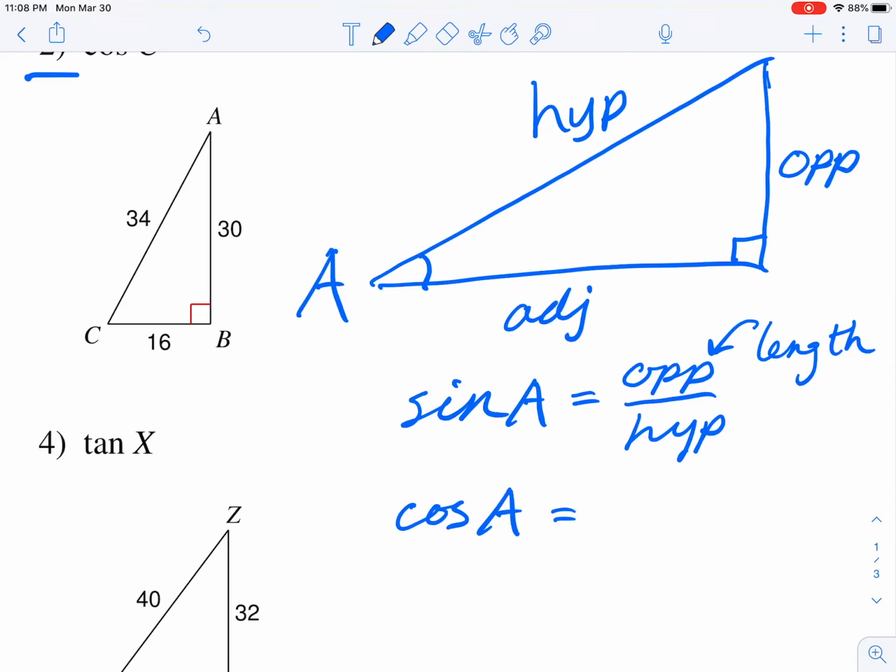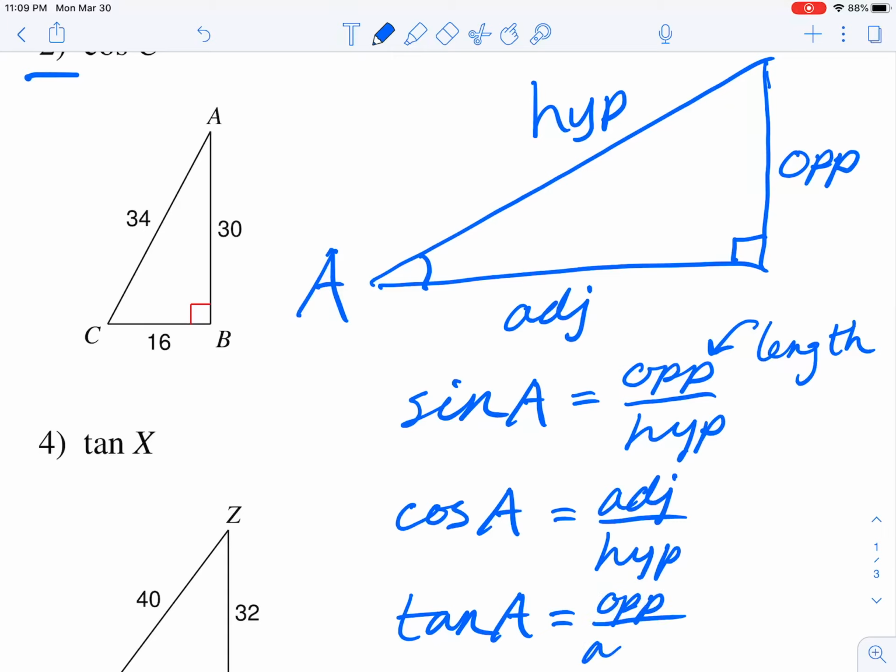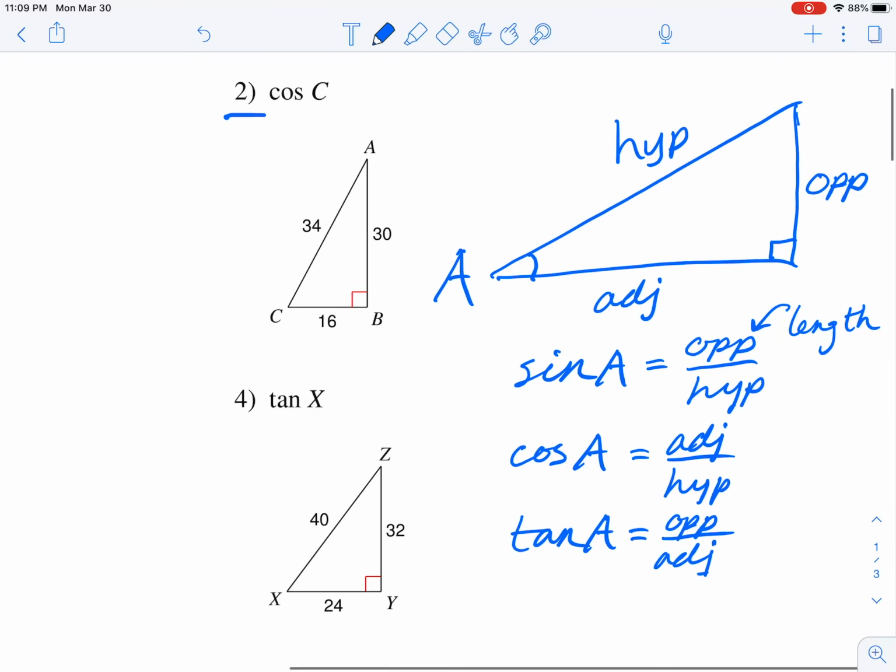The cosine of A is defined as the length of the adjacent side over the length of the hypotenuse. Finally, the tangent of A is defined as the ratio of the opposite side length to the adjacent side length.